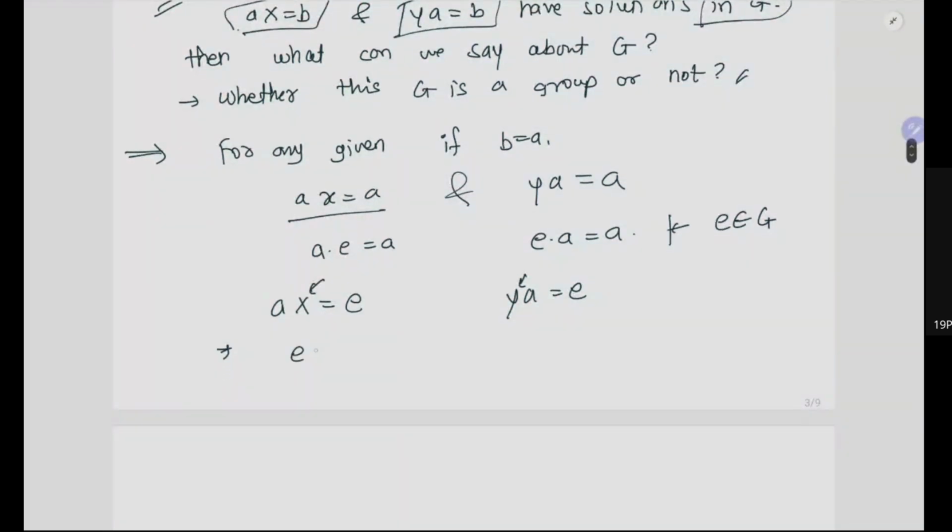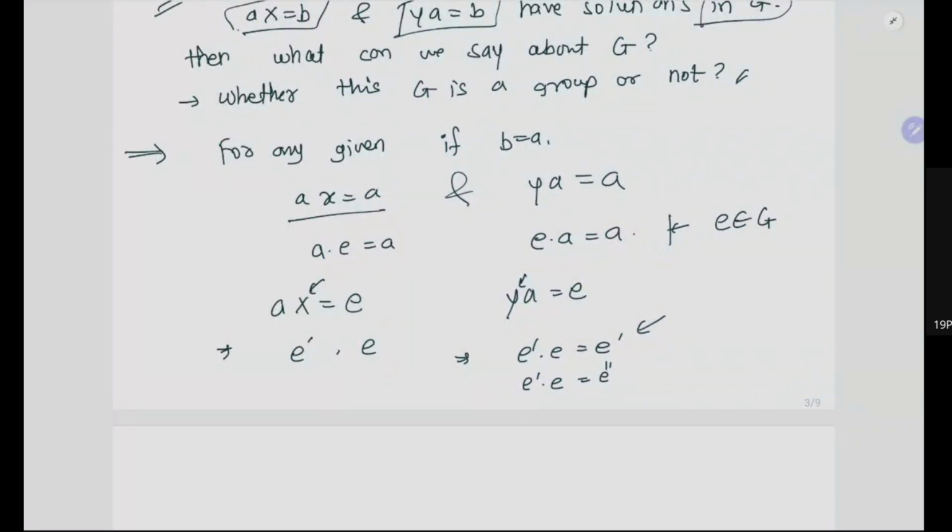Suppose E dash and E are two identities, then E dash E is equal to E dash and E dash E is equal to E, and then ultimately we get these to be equal. That's how we normally prove, right? If something is identity, then this is true. I hope I'm clear, right?